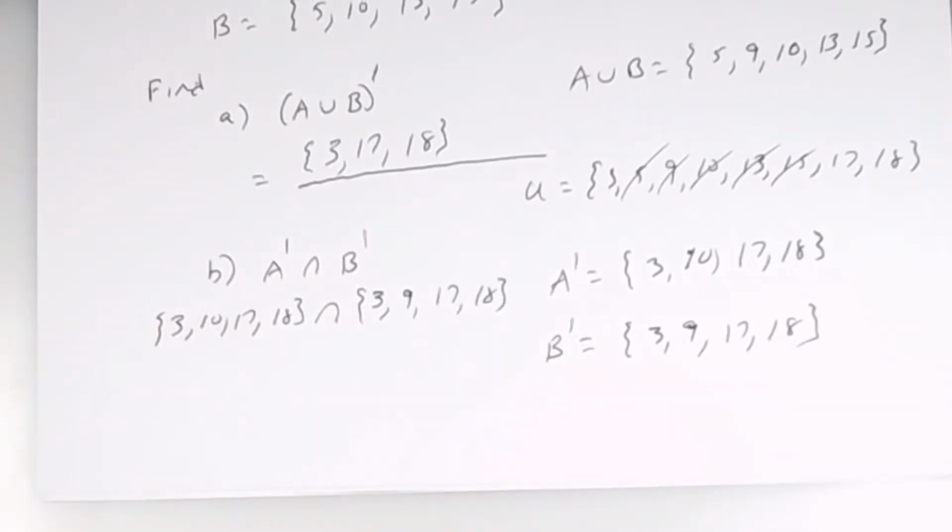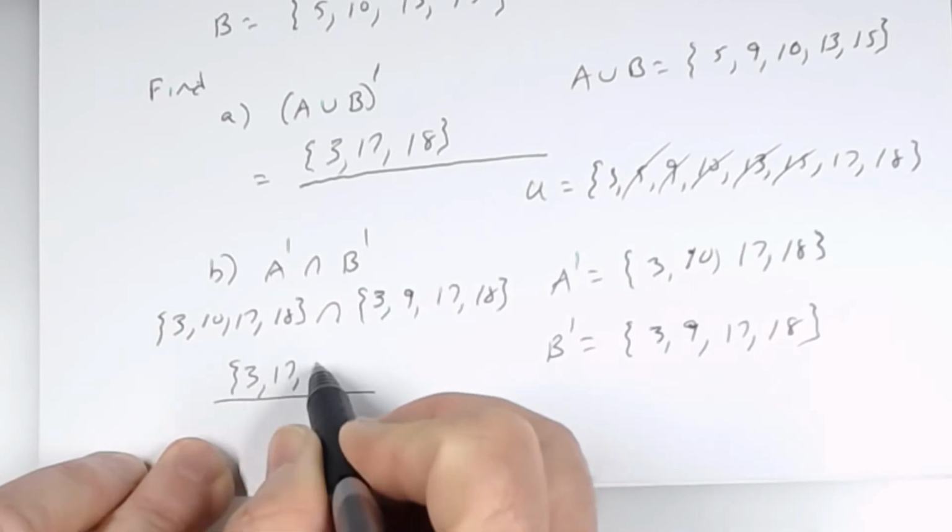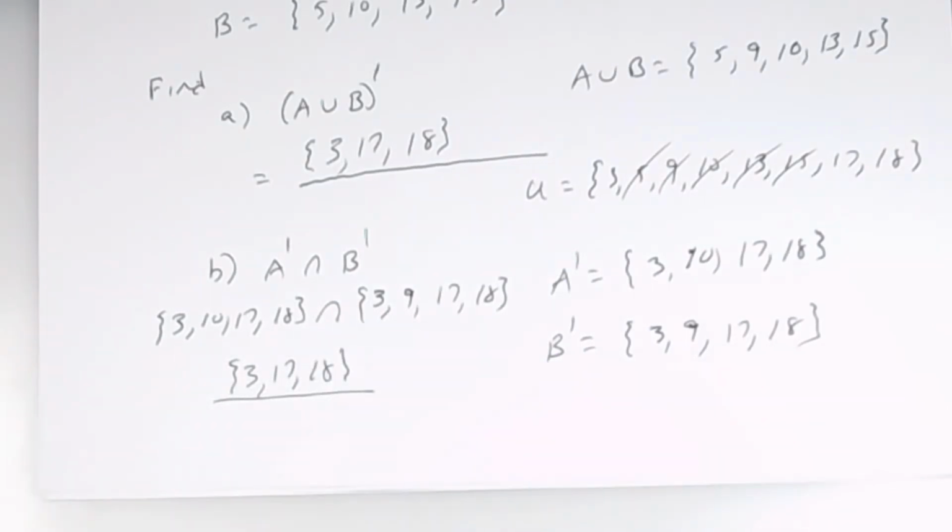So we did stuff like that where it was in rosters and you're looking at intersections. What do they have in common? That's it. So the answer is just 3, 17, 18. That's A complement intersect B complement. So notice the steps we went through. We found A complement first, then we found B complement, and then we found what they had in common.